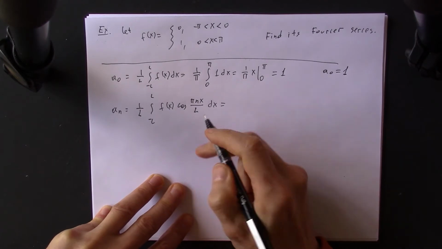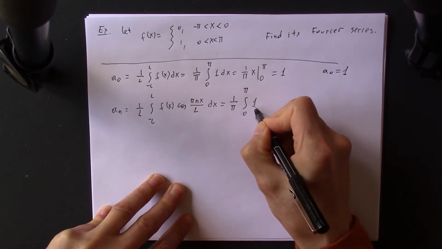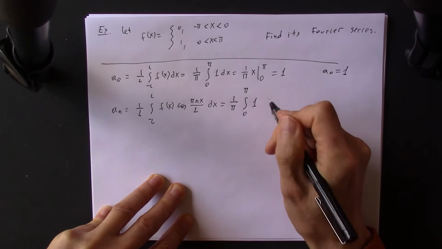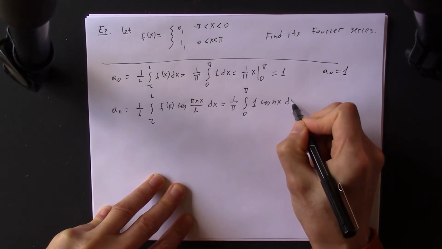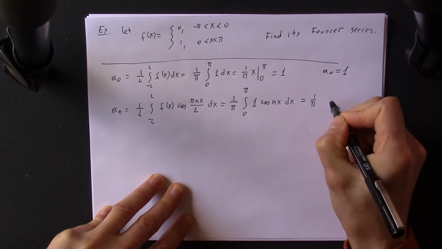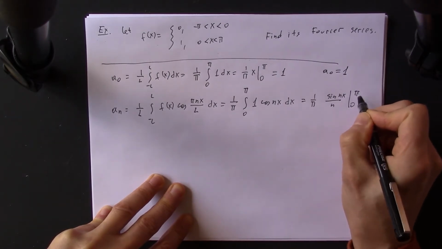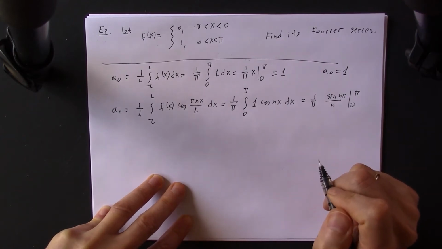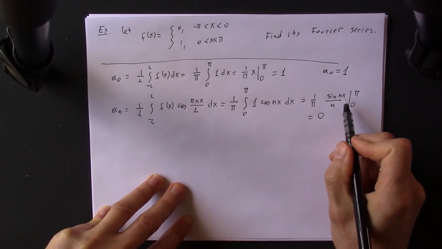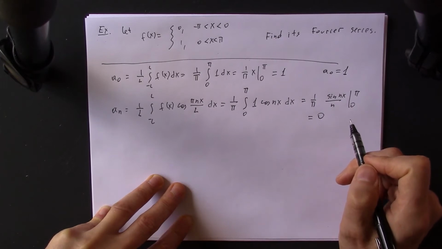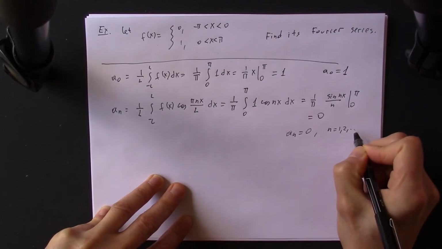Now L again equals to pi, so we're going to conclude that 1 over pi integral 0 to pi 1, because of the way the function is defined, cosine of nx dx, so we're going to get 1 over pi sine of nx over n from 0 to pi, and that equals to 0 because sine of pi n equals to 0 and sine of 0 equals to 0. So an equals to 0 when n equals to 1, 2, and so on.